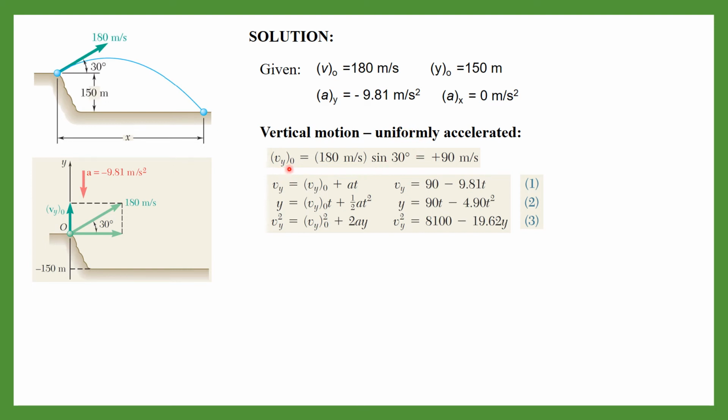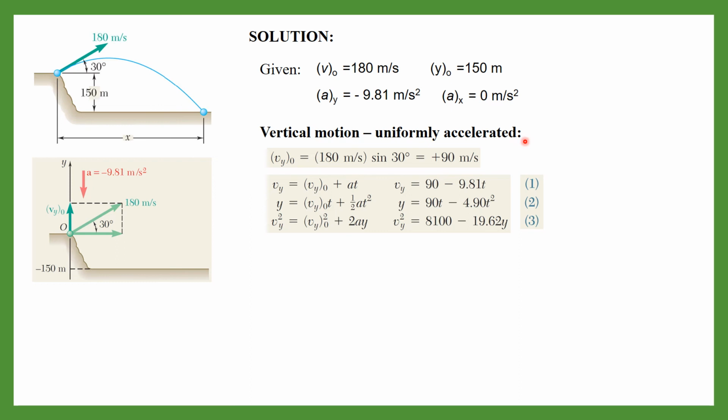So Vy is equal to Vy naught, because this is the velocity and we need to find its vertical component. So Vy naught is 180 sine 30, because in the horizontal direction we have the cos 30 component, and in the vertical direction we have the sine 30 component.